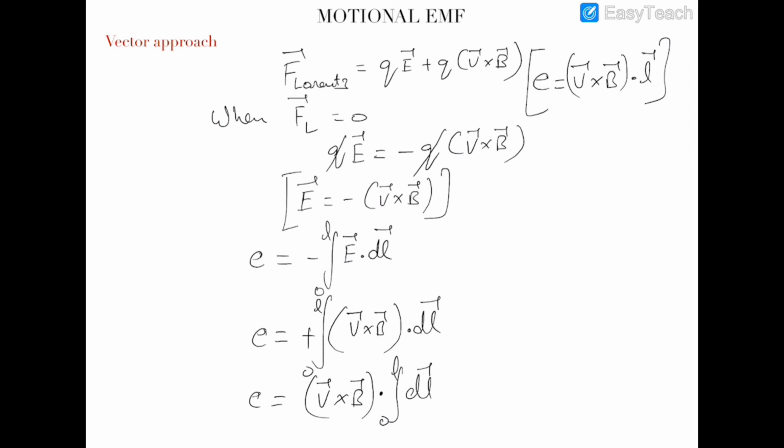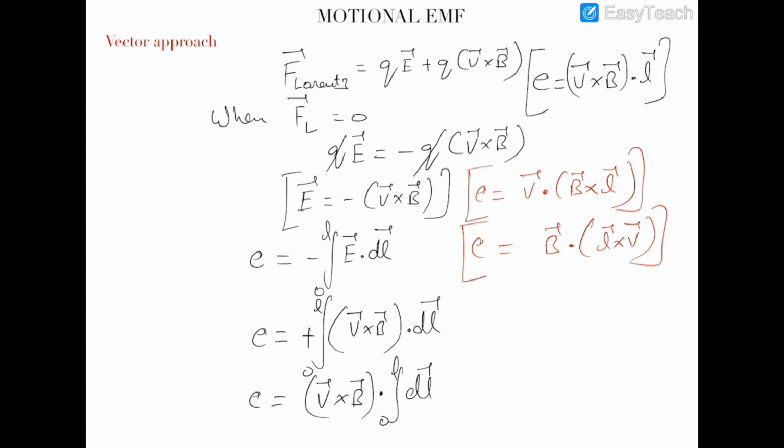You can also write this relationship as EMF is equal to V dot B cross L, as well as B dot L cross V. So these three relations are equally valid, and you can see that we are displacing the cross and the dot signs in a cyclic order, so it is following a cyclic order.